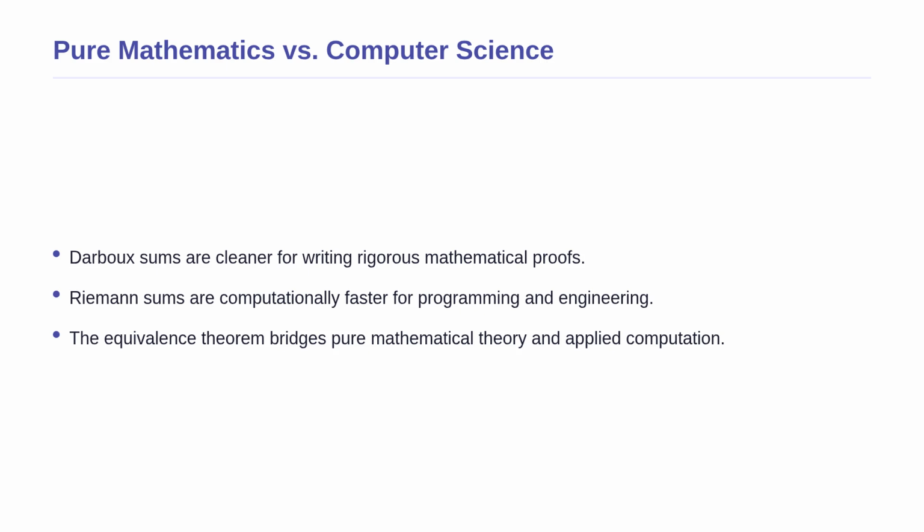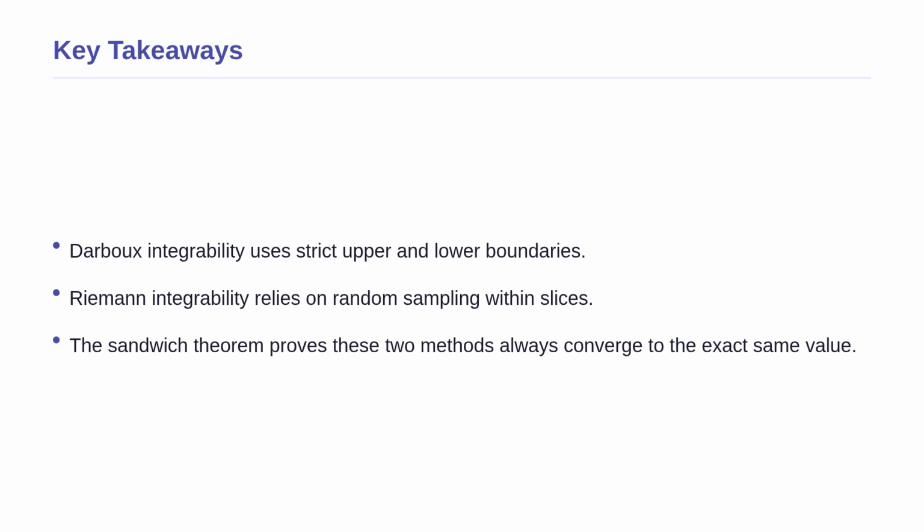It is much faster to program a computer to just pick the midpoint of each slice, which is a Riemann sum. The equivalence theorem is the bridge that guarantees the easy-to-program Riemann method will yield the exact same rigorous result proven by theorists.